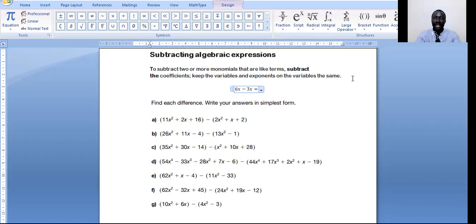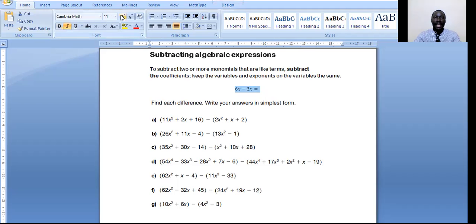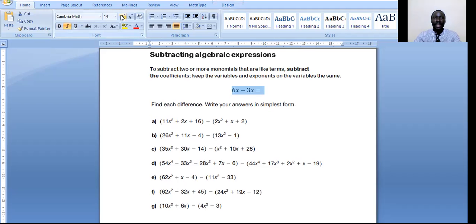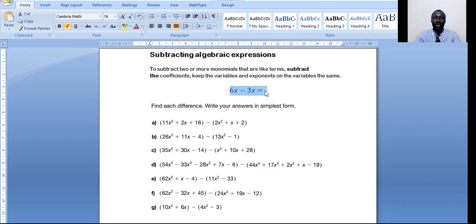What this means is that because they are like terms, like terms means they are related in the sense of having a similar variable or unknown, which is x in this case. So notice that the first term 6x has got x, the second term 3x has got x. So they are related in the sense that all of them have got x attached to them.